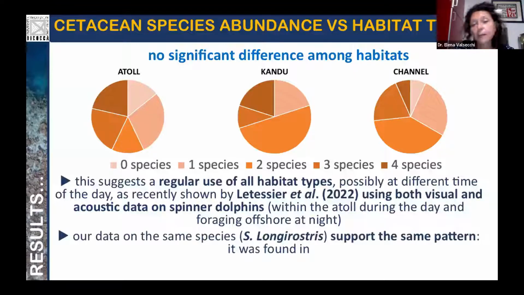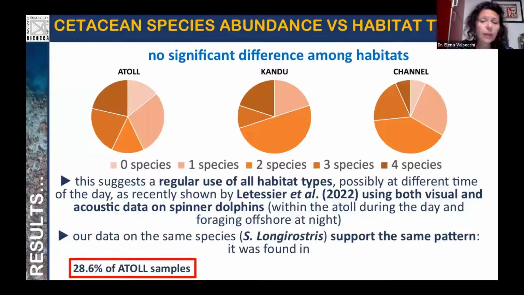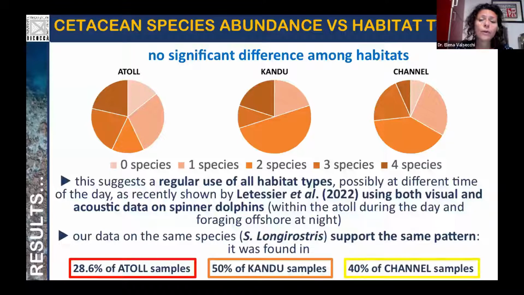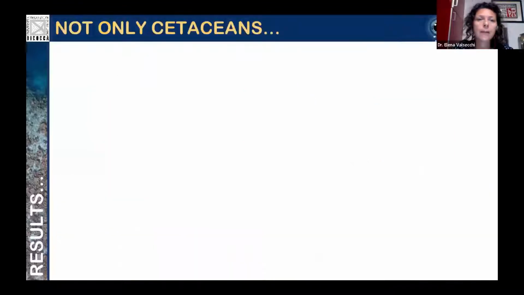So we have enough data for the spinner dolphin, and in our case, too, the molecular data suggest that the spinner dolphin was found in all habitats.